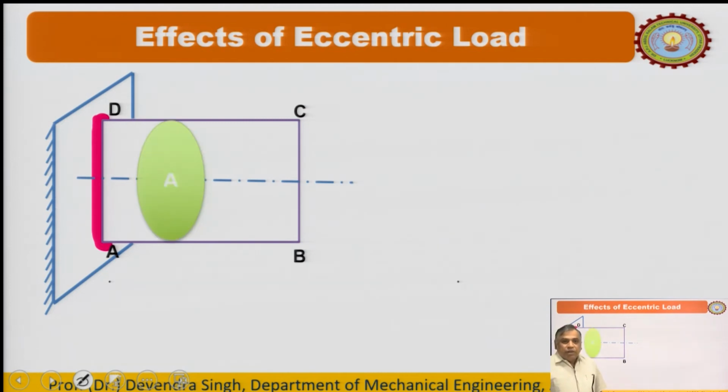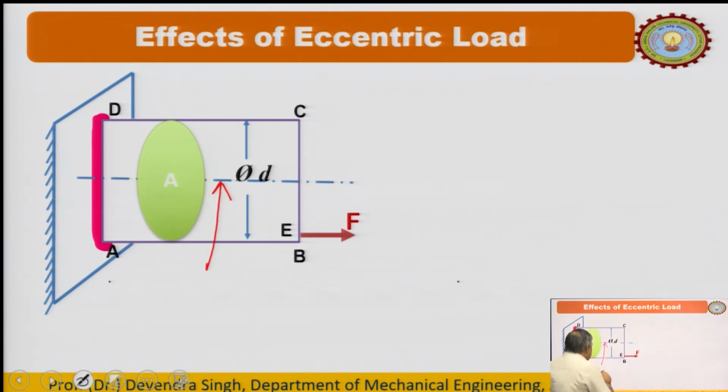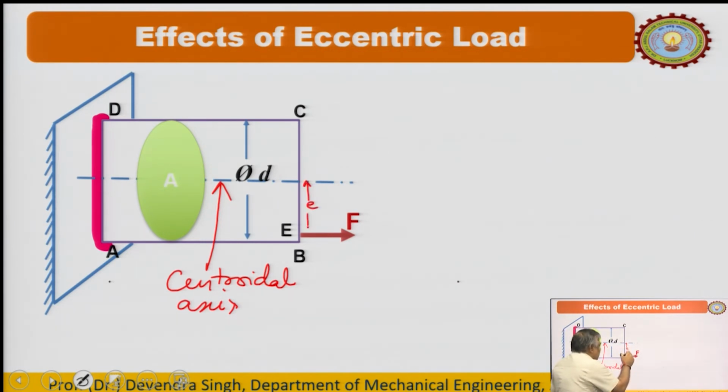So, if we apply, this is the cross-section area A and this the diameter, then this F is applied. This is the central axis, and here this is the distance E, this is the eccentricity. So, this is an eccentric load, and it will have two effects simultaneously.